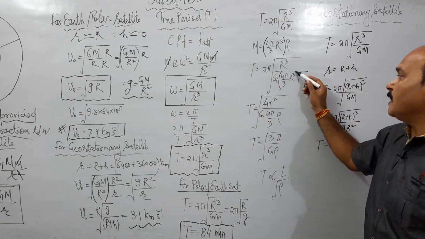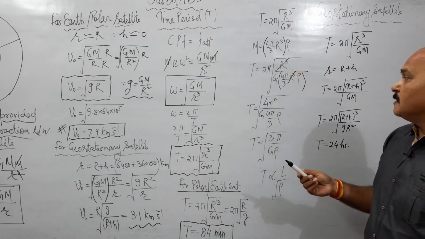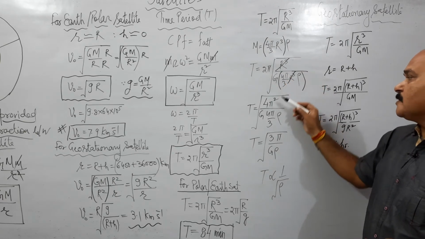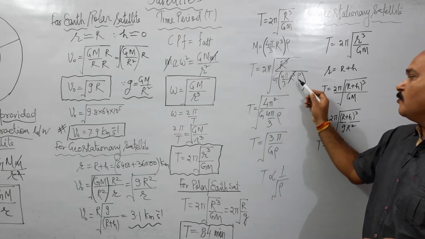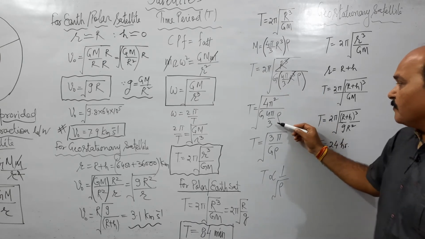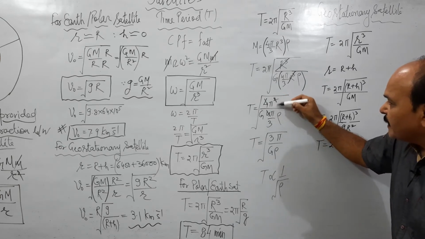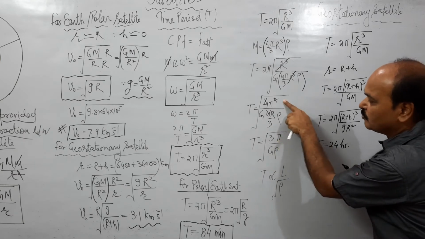We can see that this R cube cancels out. And if we take this 2 pi inside this square root, this 2 pi becomes what? 4 pi square. G, 4 pi by 3 rho remains as it is. And we can see here, this 4 cancels out with this 4, and one of the pi cancels out. This 3 within the square root moves up to the numerator.